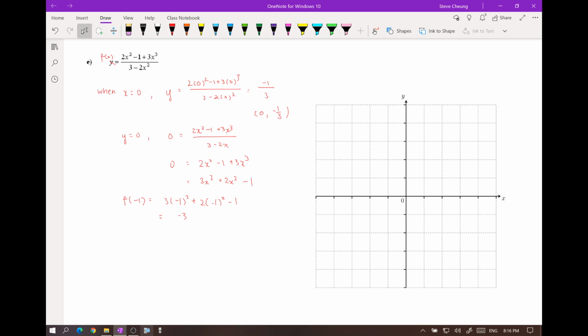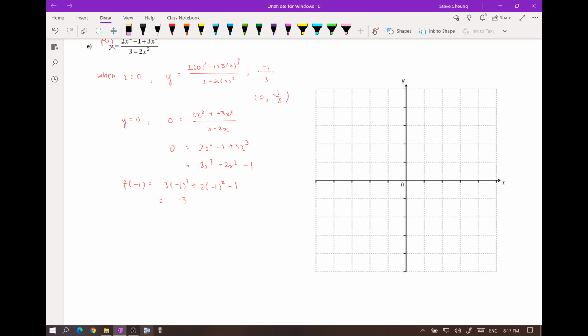So let me just confirm that. Yeah, so actually for this here, the root is actually not that nice looking. It turns out that there's only one root, and this is the 3 sig fig answer.